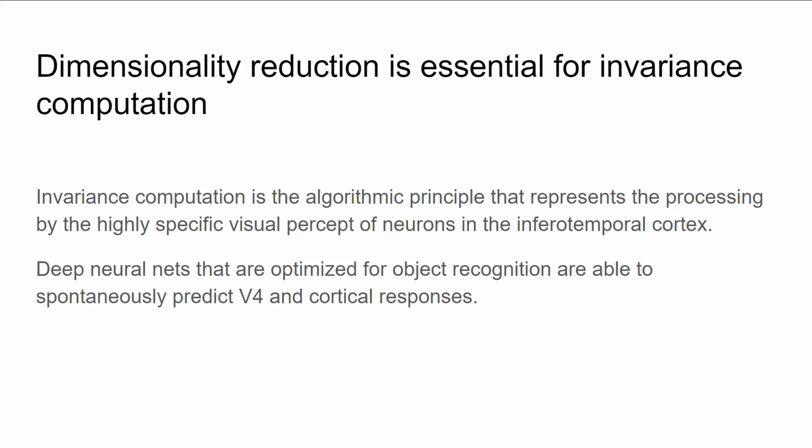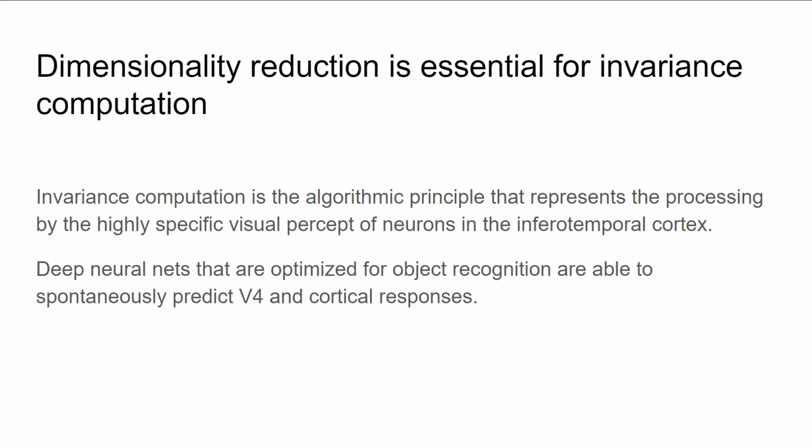So in that case, you would want this low dimensionality. Again, this is kind of a repeat of the previous slide, but it also mentions deep neural networks. Invariance computation is just the idea that if I'm looking at a car at the left of my eye or at the right of my eye, it's still a car. One way you can get that is by removing the dimension of where the car is located. If you don't have where a car is located, you just have a car, then you have invariance to the location of a car naturally.